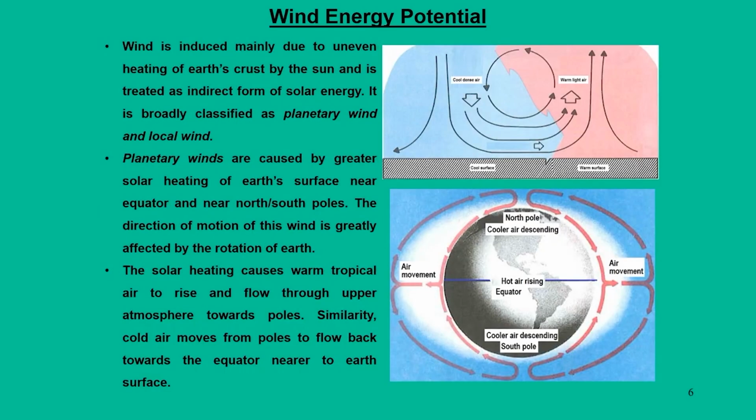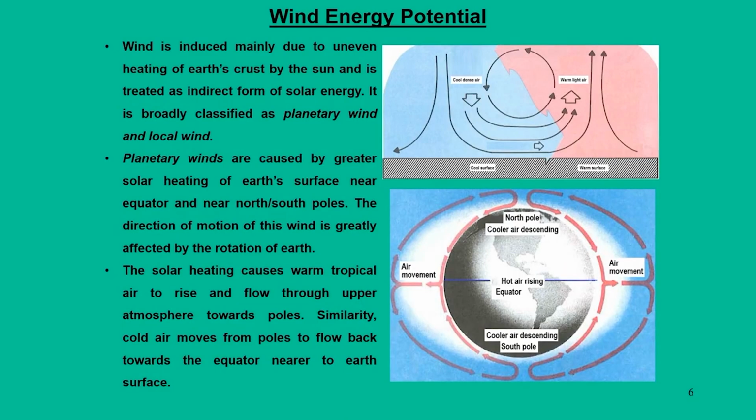So, having said this, let us try to understand why wind forms. Although we normally know that wind is the flow of air, why does this air flow? The essential background for wind formation is solar heating. The sun is the major resource of energy. When the sun's radiation falls on the earth's surface, it falls on land as well as on water bodies.